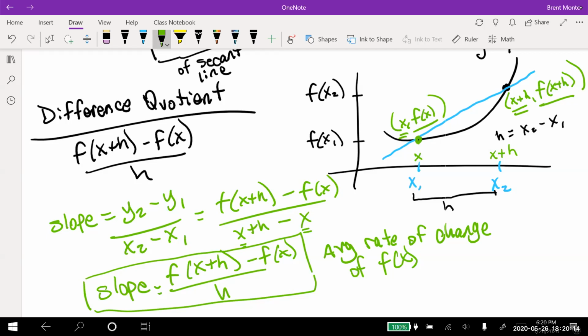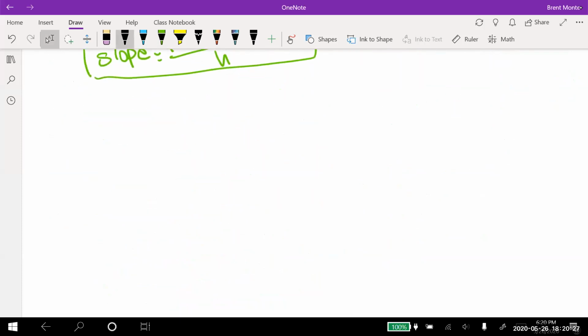So let's take that idea and do a couple problems. Let's look at the first problem, problem 14 out of the book. I'll just write it down for you. Problem 14, they give us a function g of x, and they say that's just negative 3x squared, semicolon, x1 is negative 2, x2 is 0.